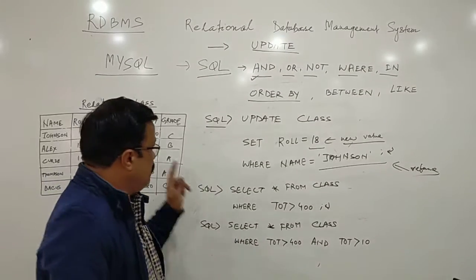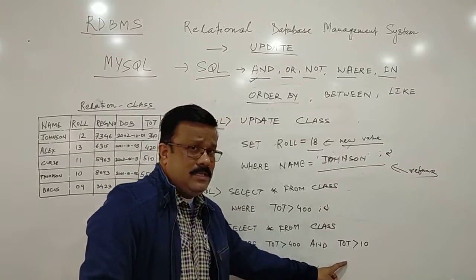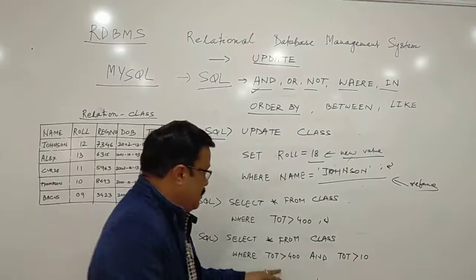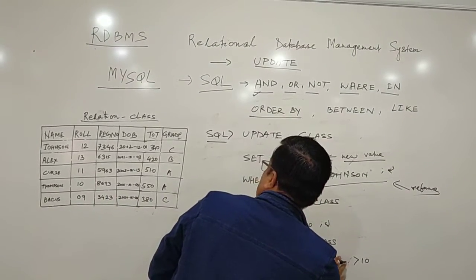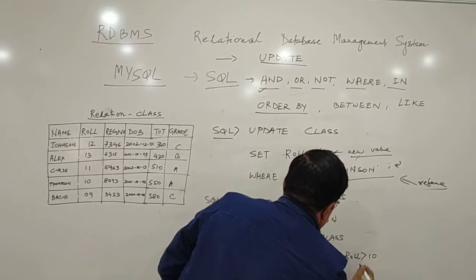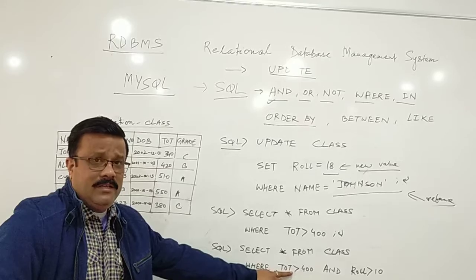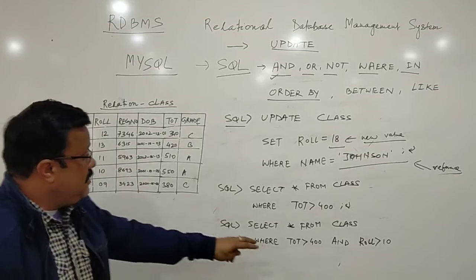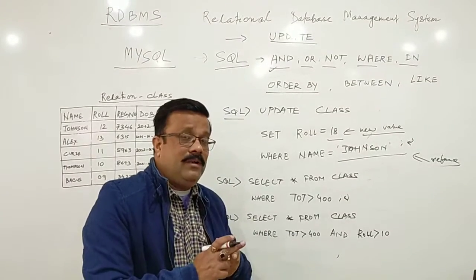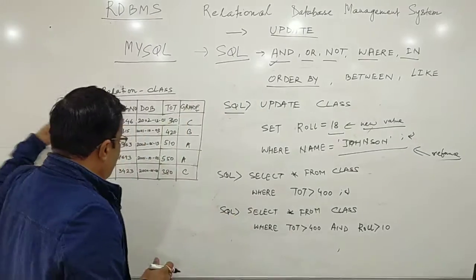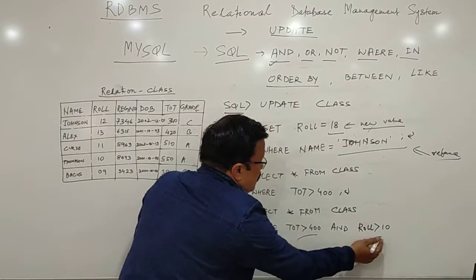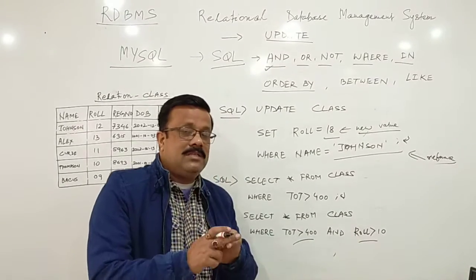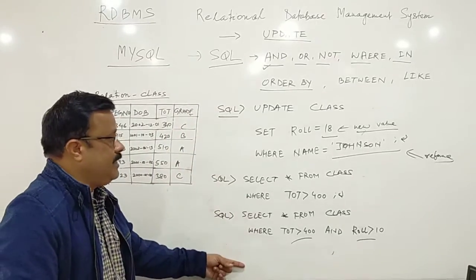It means those records which fulfill both conditions. If a student has a total of more than 400 and a roll number of more than 10, both criteria should be fulfilled on the same record. If these two conditions are fulfilled on a particular record, only then will your record be displayed. So before and after AND, if both conditions are true, that record will be displayed here.